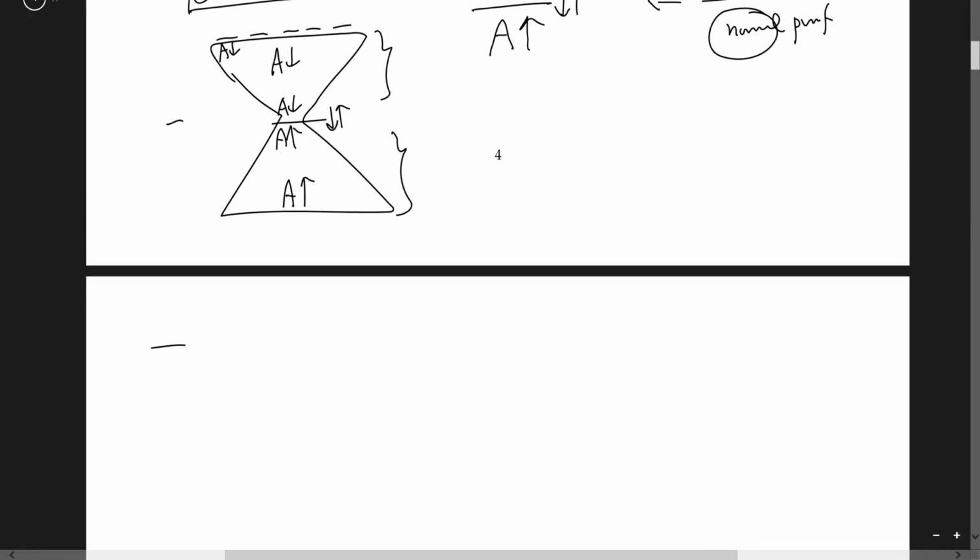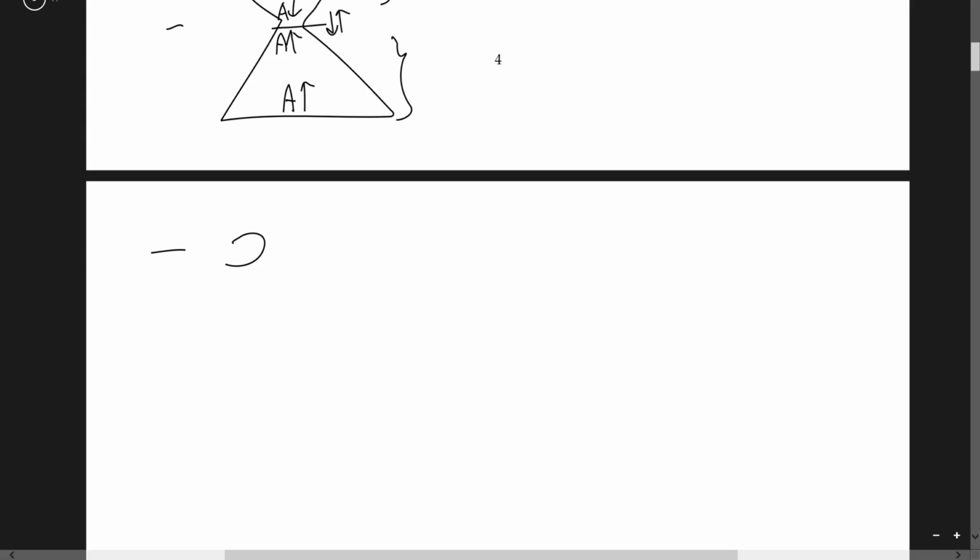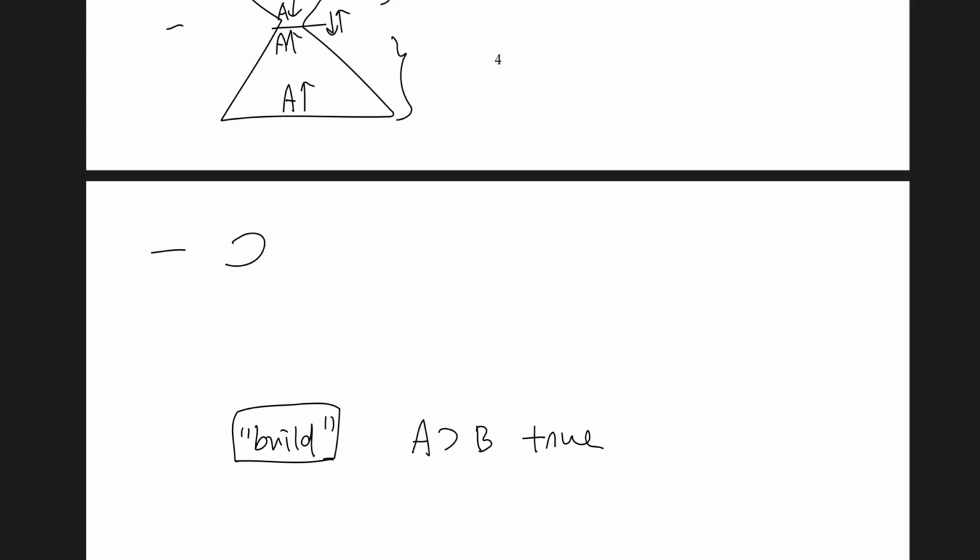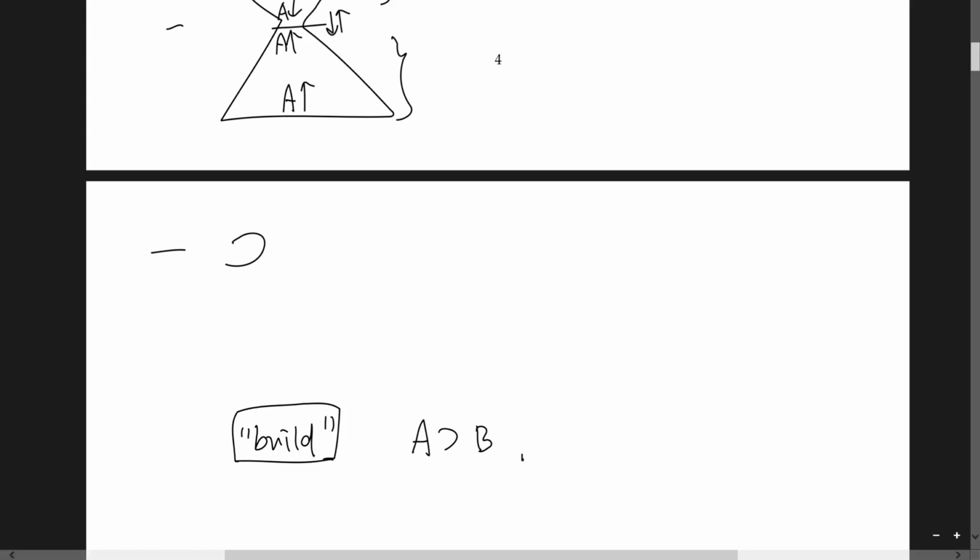So first, let's consider the logical connective implication. Suppose that we'd like to build a proof of the truth judgment A implies B true. Because we would like to build a proof of this judgment, we want to use the up arrow.